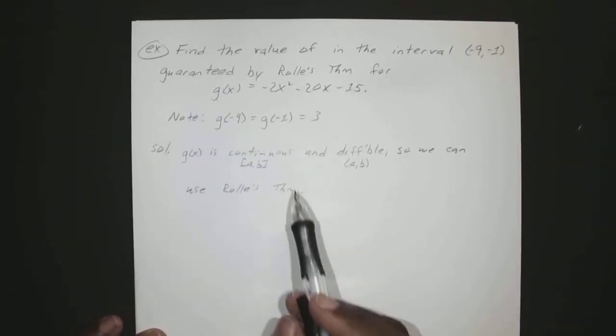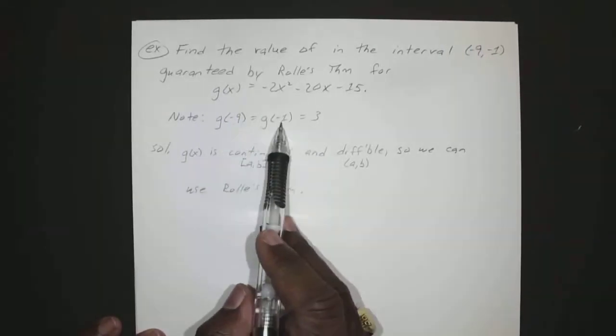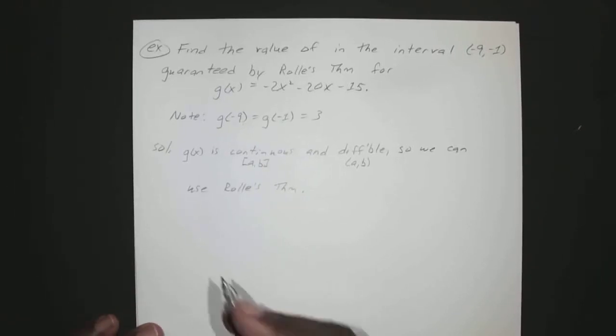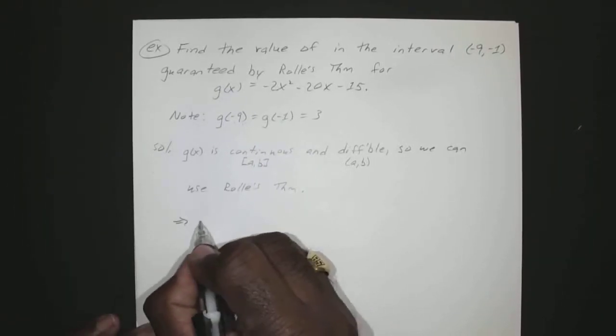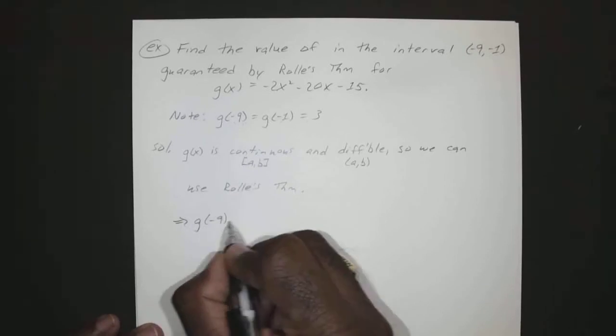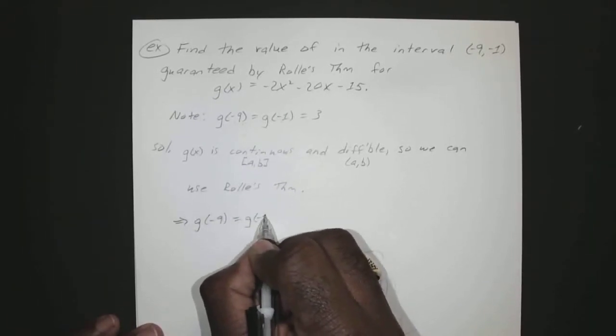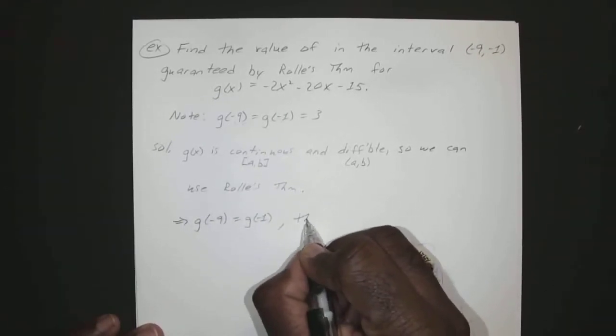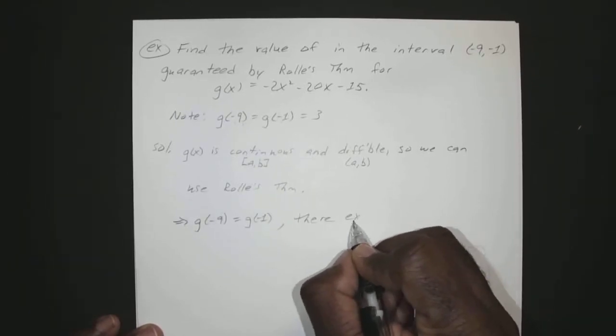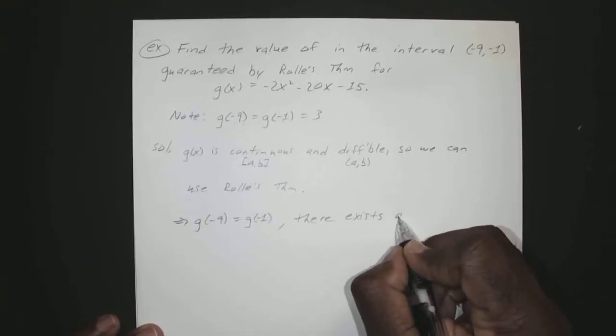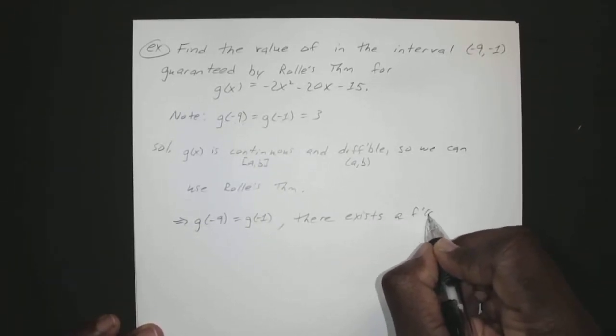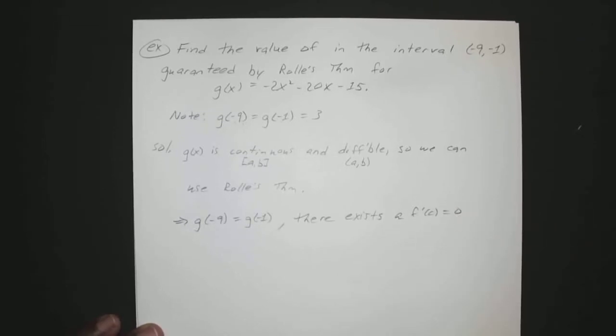Okay. So we know that since g of a and g of b are equal, then there exists a c where g prime of c is equal to 0. So all we have to do is find our g prime of c.